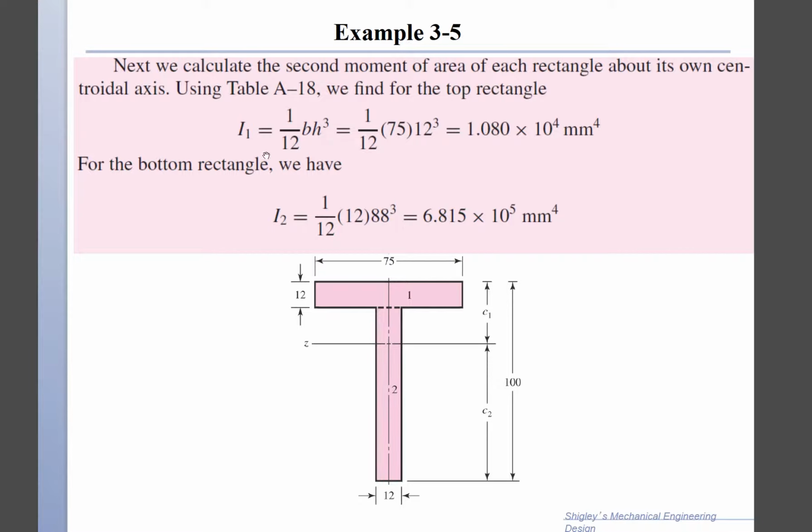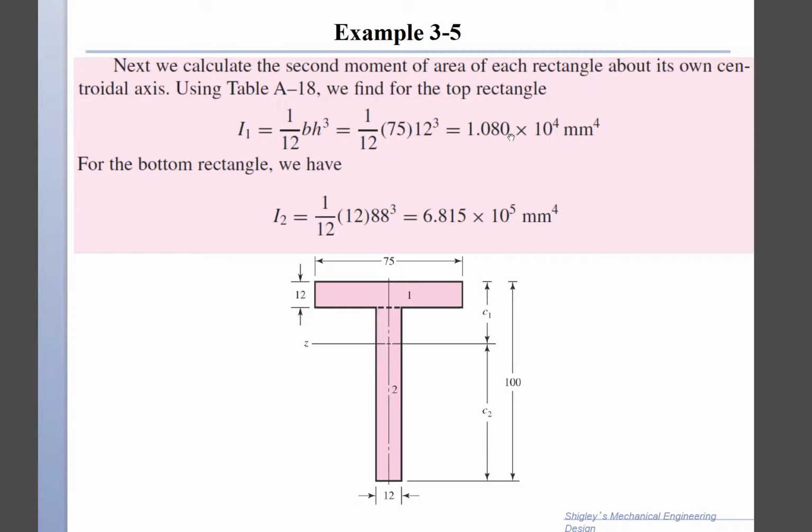So let's go through these steps. I1 is 1 over 12 BH cubed. We find it. I2, again, 1 over 12, B is 12, H is 88 cubed, and that's obviously much larger than I1.